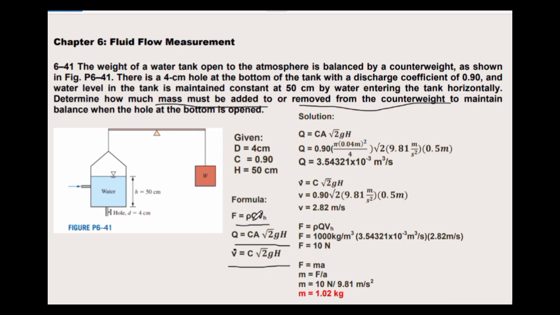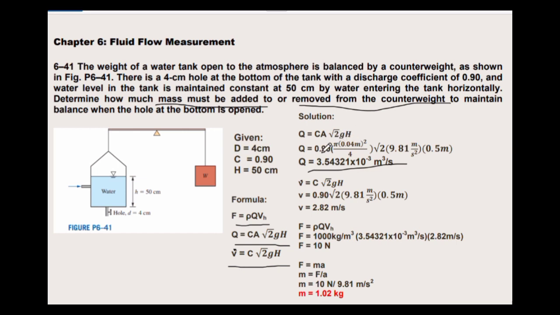So first, we're going to solve the value of discharge. From the formula, discharge equals discharge coefficient times the area, times the square root of 2 times the acceleration due to gravity times the height.